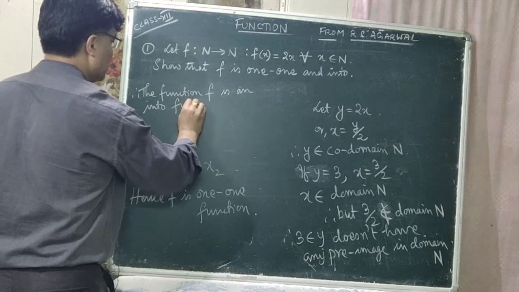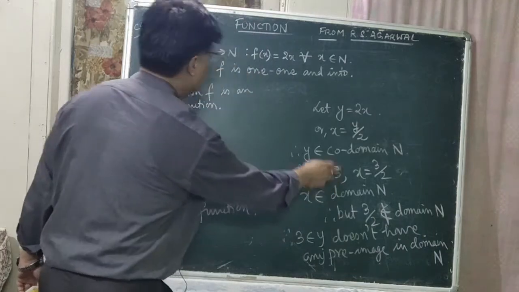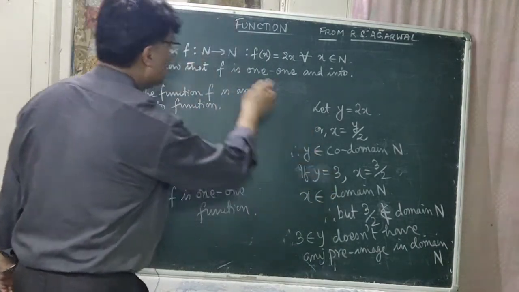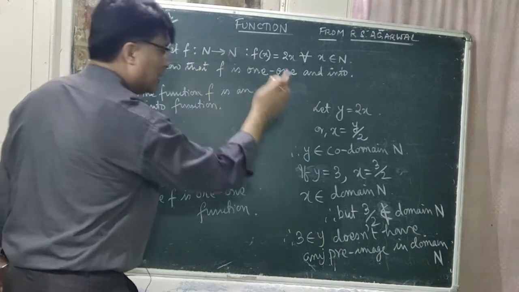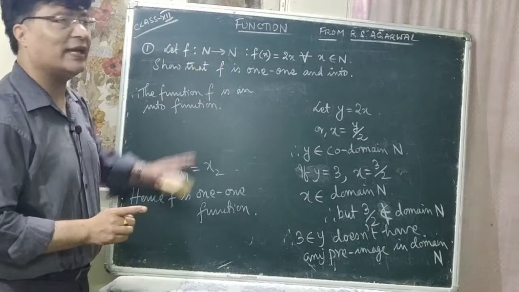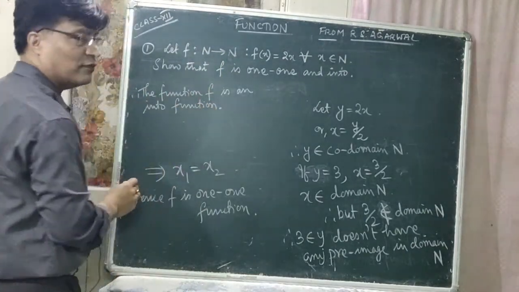Is an into function, because this 3 belongs to the codomain N, and this 3 does not have any pre-image in the domain N. So that's why the function f is an into function.